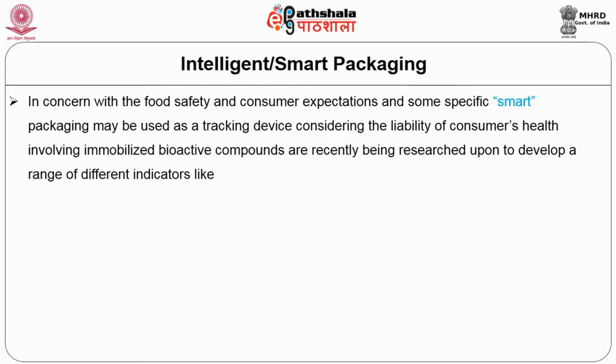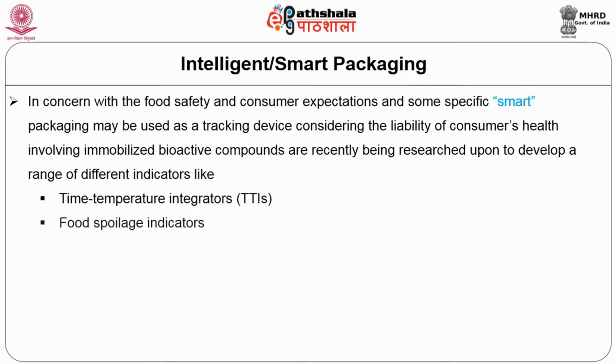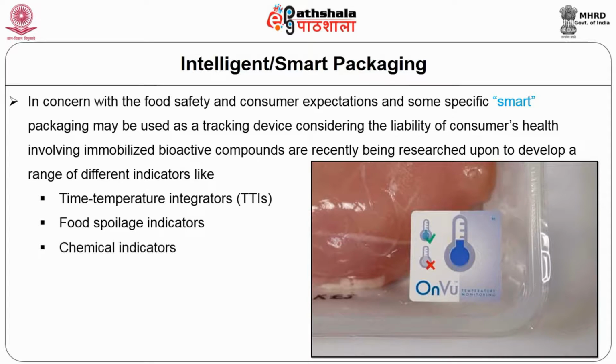Immobilized bioactive compounds are recently being researched upon to develop a range of different indicators like time temperature indicators, food spoilage indicators, which indicate that the food has spoiled by changing the color, and chemical indicators for indicating the presence of other contaminants.